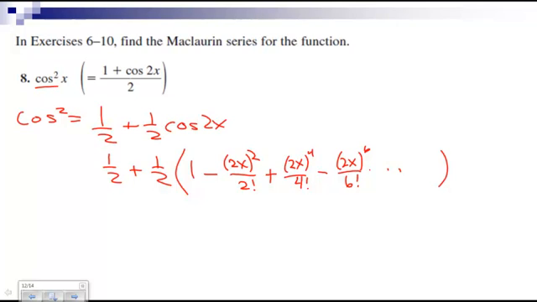Now, what would probably happen here? You might want to distribute those 1/2s all the way through.